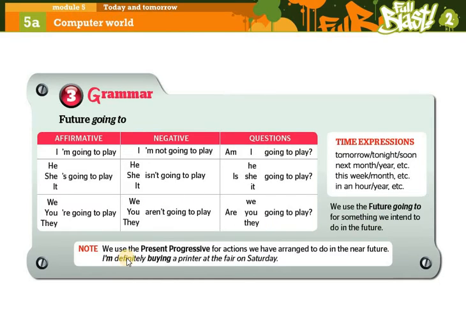Note, we use the present progressive for actions we have arranged to do in the future: I am definitely buying a printer at the fair on Saturday.